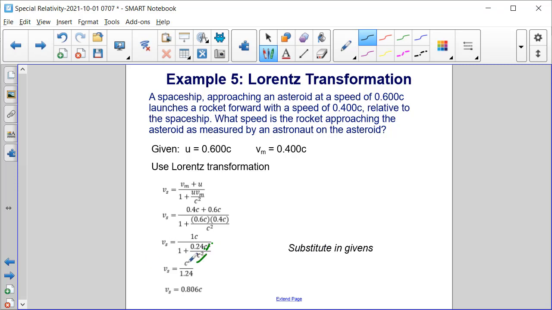So we have 1 c divided by 1.24, which is 0.806 c. So here's the cool thing. That's faster than the speed that it's launched out of the spaceship with, right? That was 0.400 c relative to the spaceship. So it is faster than that, but again, still less than the speed of light.